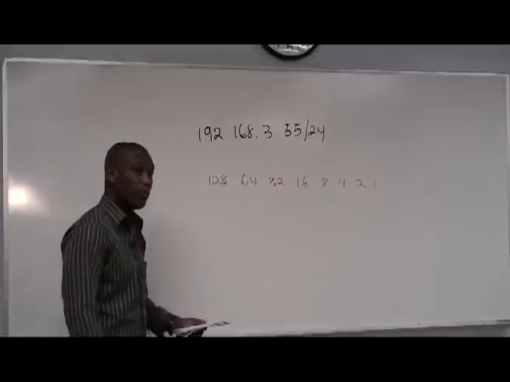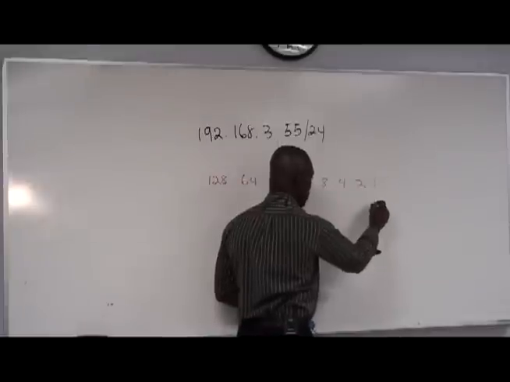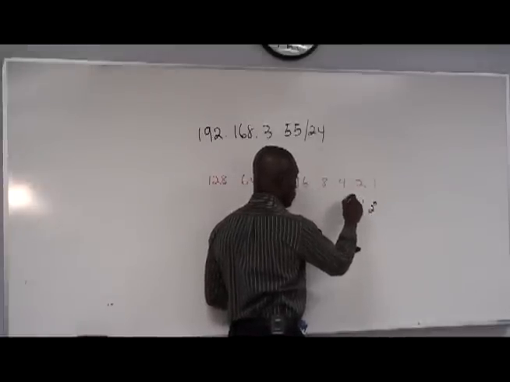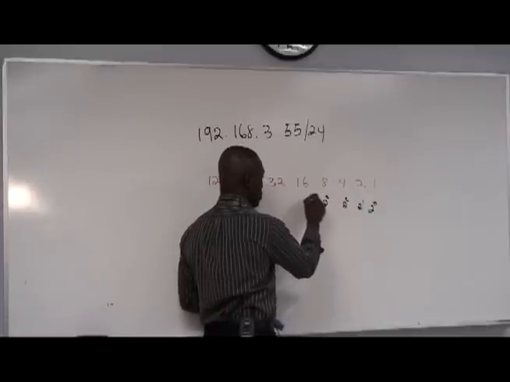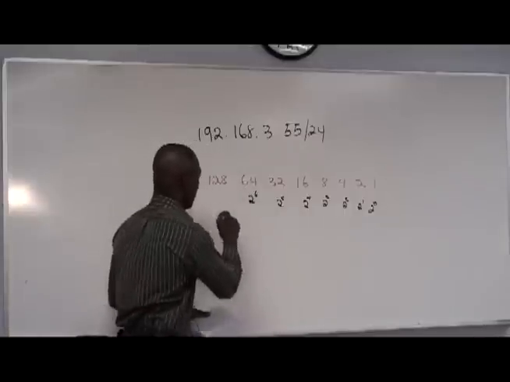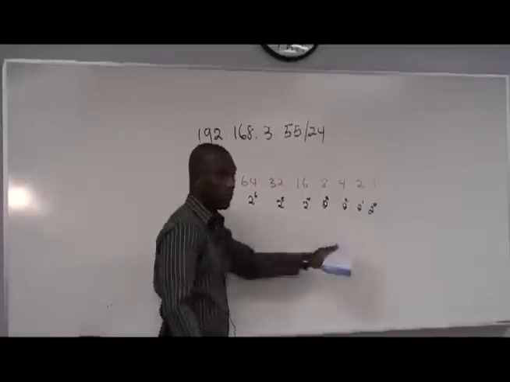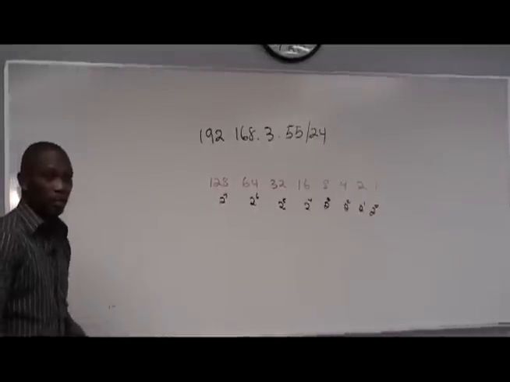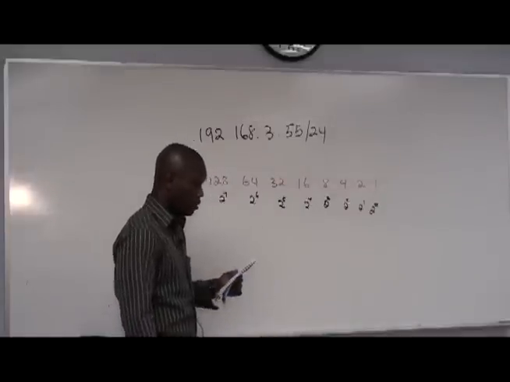And if you recall, we showed that 2 to the power of 0 gives you 1, 2 to the power of 1 gives you 2, and then 2 to the power of 2, right up to 2 to the power of 7. That gives us our 8-bit representation in terms of our place values, which is very important that we need to know, especially when it comes to subnetting.